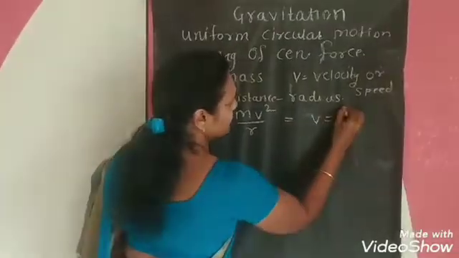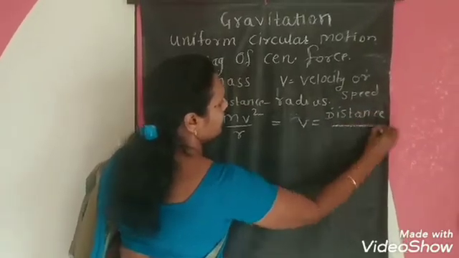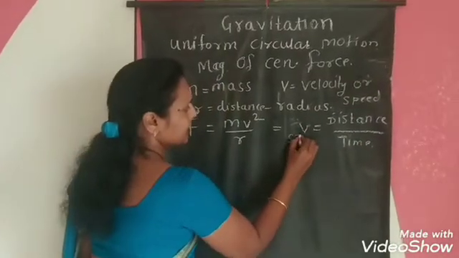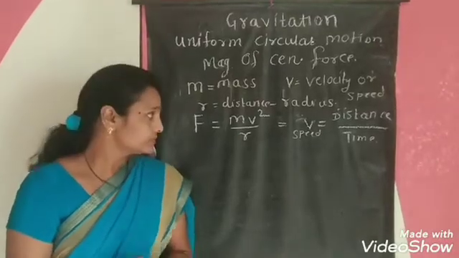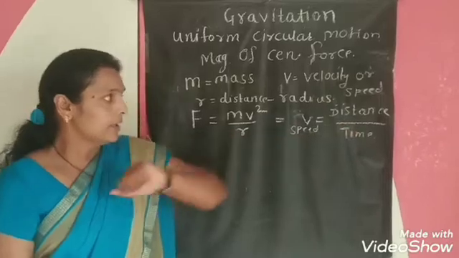V is equal to distance upon time. This is also how we can say that speed is equal to distance upon time.